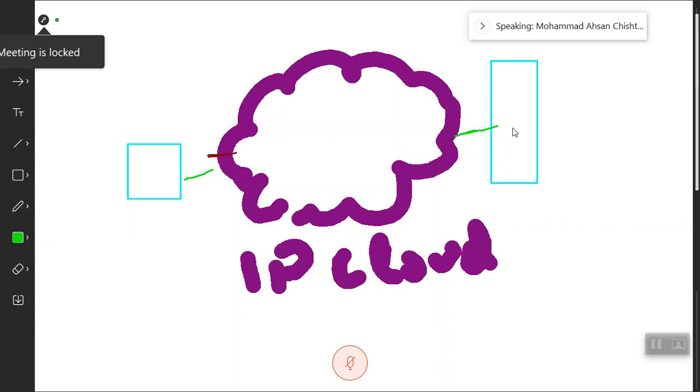Why are they dumb terminals? They do not have processing on their own. Basically, they log into a main server, and they access files or software over the network. So there are advantages to each of these three types of network. What we discussed just now was client-server, peer-to-peer, and application server based networks.